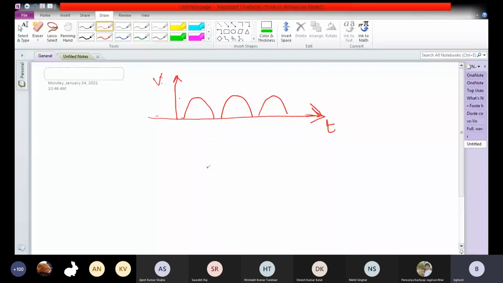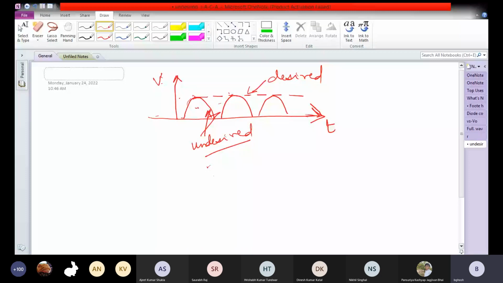For a power supply voltage, we need a steady output like this, not a voltage like this. So this is desired, this is undesired, so to say. I mean, just from a common sense perspective. So what do we do?